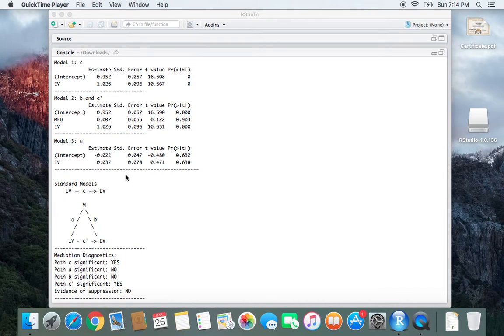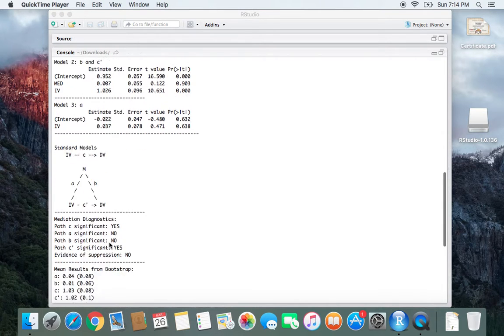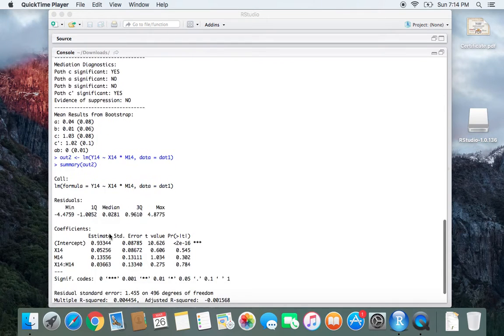So we can tell that when you pull out the mediating variable, there is still a relationship between the independent and dependent variable, telling us that we can conclude there is no mediation occurring. And this makes sense. We could have concluded this earlier on in our analysis because there's no relationship between the independent variable and the mediator, and no relationship between the mediator and the dependent variable. It's very unlikely that there would be any mediation occurring.